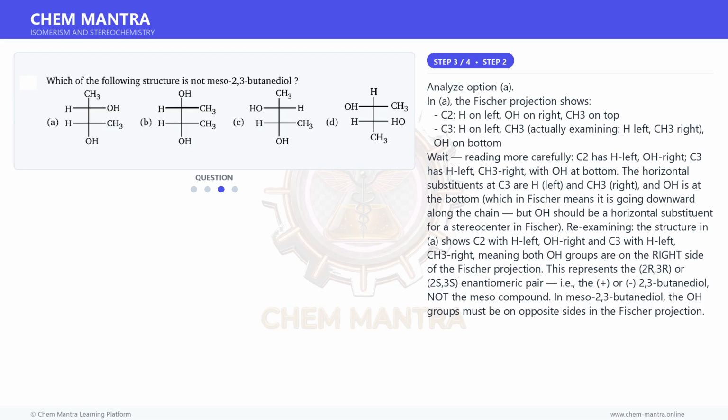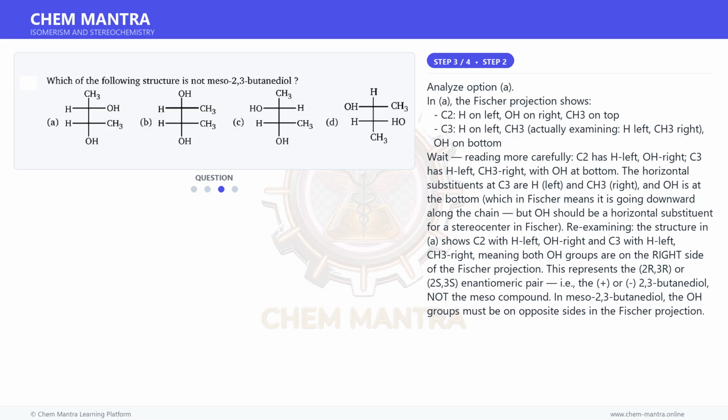Wait, reading more carefully, C2 has H left or right, C3 has H left, CH3 right, with OH at bottom. The horizontal substituents at C3 are H, left, and CH3, right, and OH is at the bottom, which in Fischer means it is going downward along the chain, but OH should be a horizontal substituent for a stereocenter in Fischer.